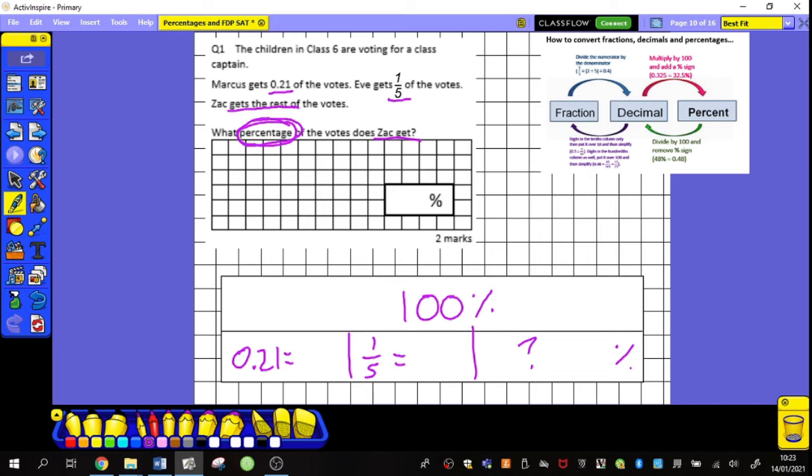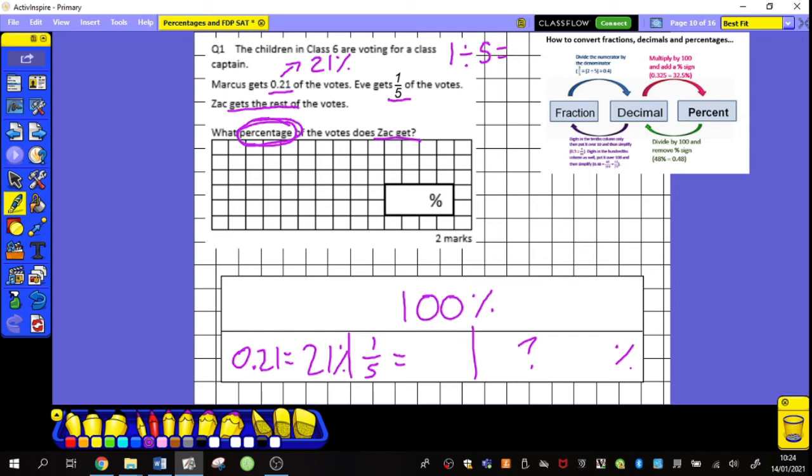So first of all, 0.21. Let's have a look at going from a decimal to a percentage. On my help sheet on the right, I multiply by 100 and add the percent sign. So 0.21 must be 21%. 1/5 then, slightly harder. So I need to divide the numerator by the denominator. So I have 1 divided by 5.